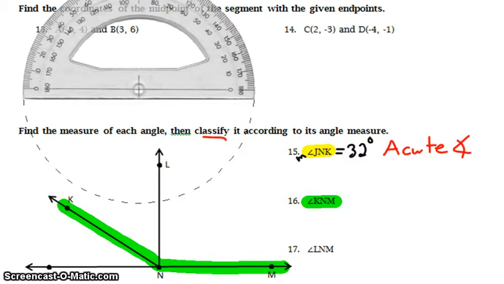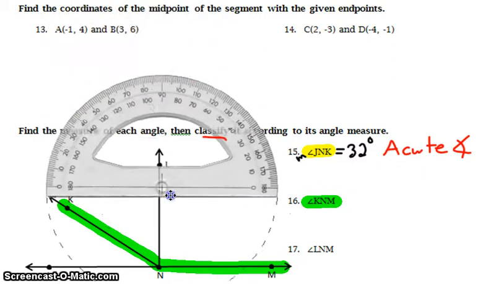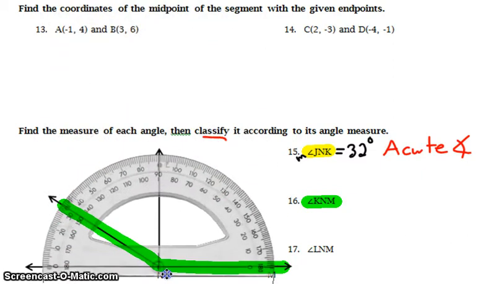So now let's take the protractor, put the center on the vertex, and line up this bottom line with one side. Notice I lined it up with this side of my angle here, and then see where it crosses. It looks like it crosses in exactly the same spot, which should make sense because this angle and the angle we just measured share this side.